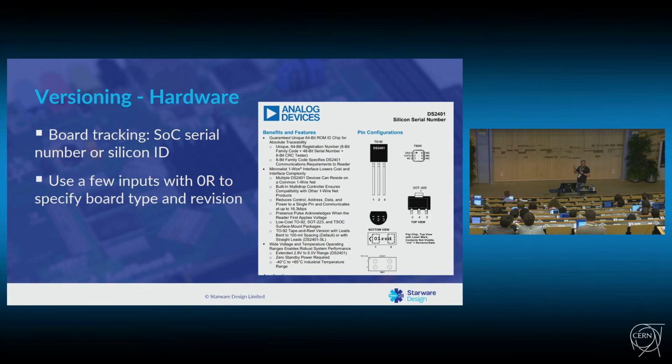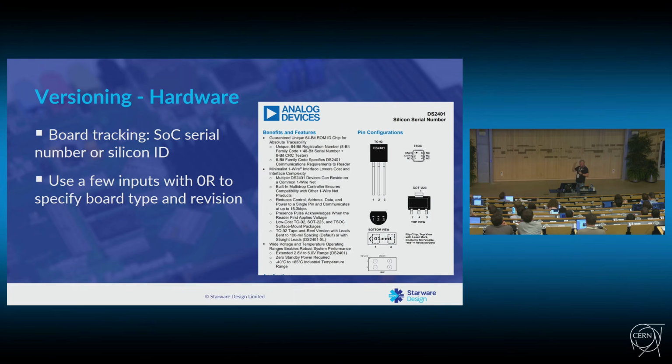And if you want just to keep track of different versions of the board or different revisions, so you might want to have different revisions A, B, C of the PCB, and you want to know which one the bitstream is mounted on, because you want to have a unique bitstream for all of them. You can just simply use some 0-ohm resistor on your PCB.